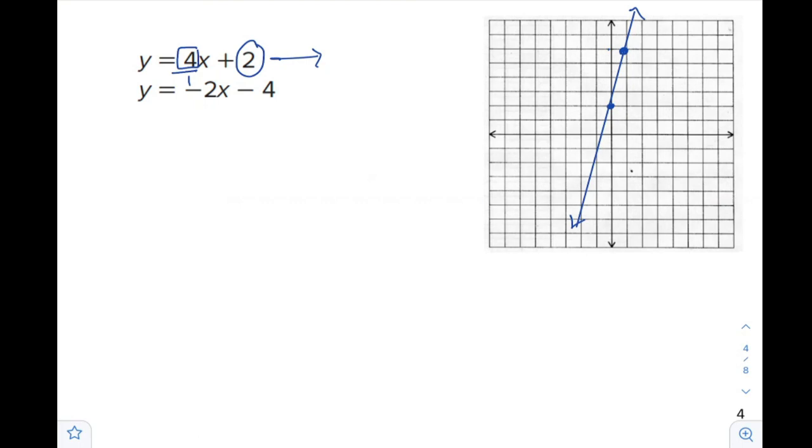Now we will graph the second one, starting with minus 4, moving according to the slope. Negative 2 over 1 means down 2, right 1. So this is our line.